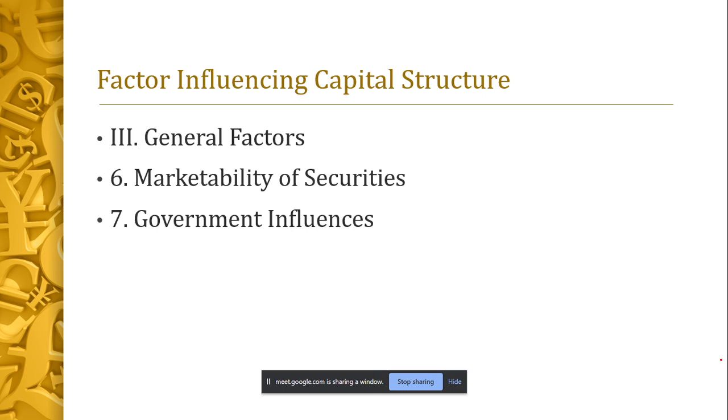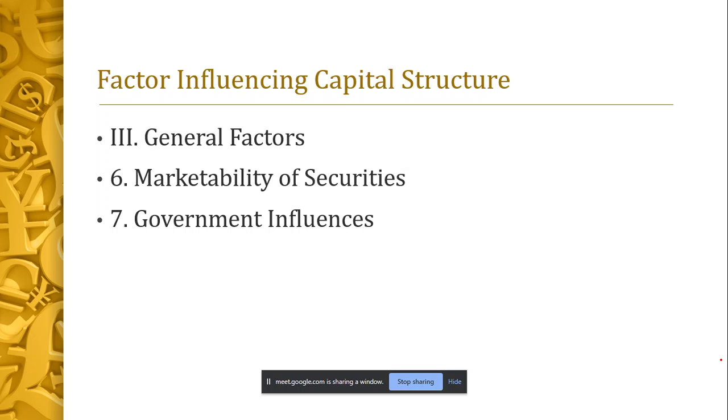The next one is government influence. Speaking regarding this, tax is the one thing of the government which influences the major decision of capital structure.